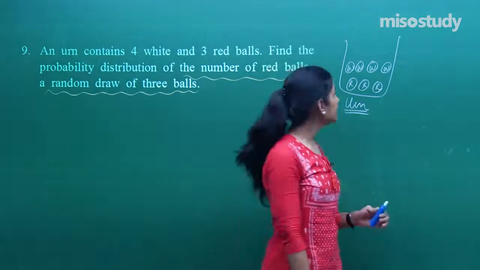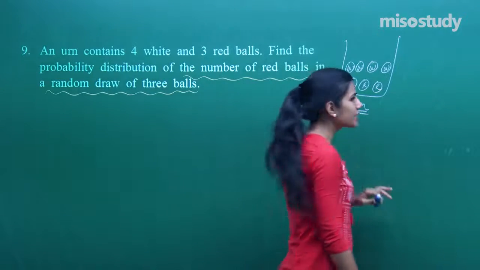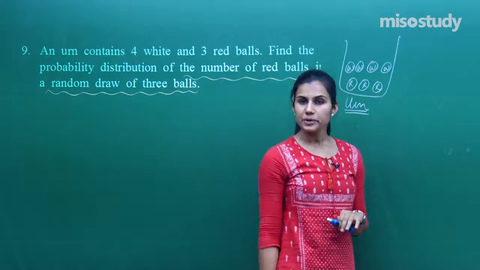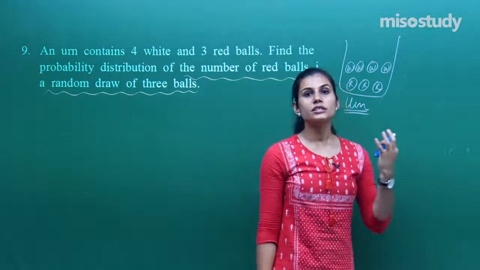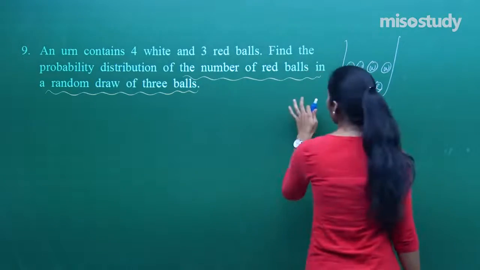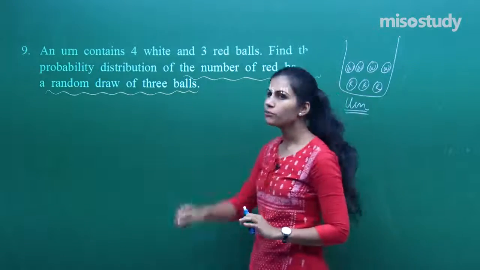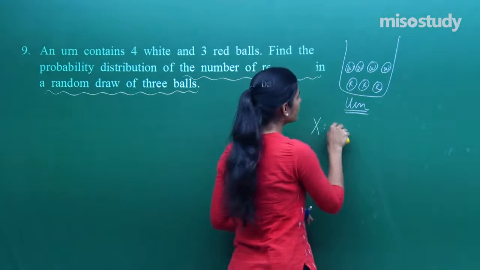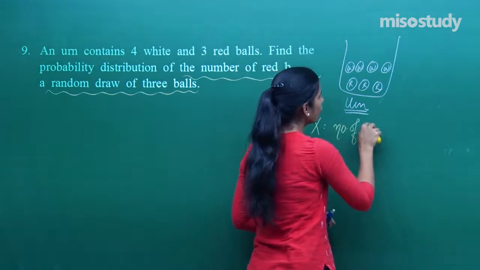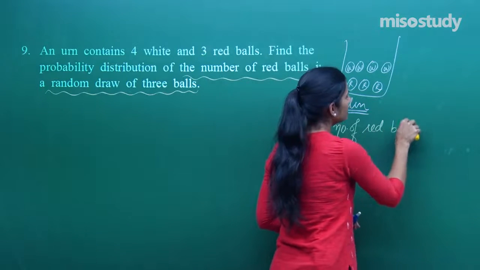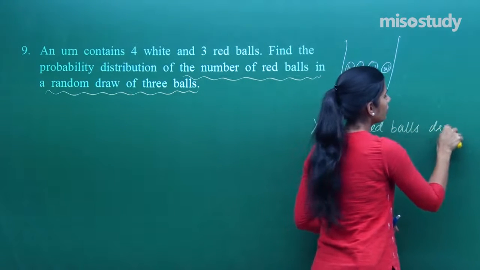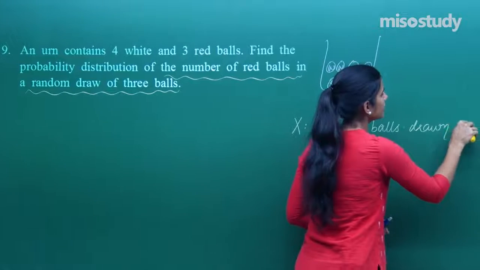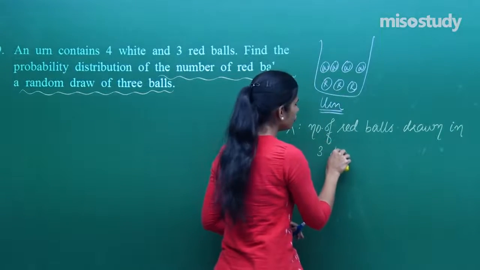I have to find the probability distribution of capital X, where capital X is my random variable representing the number of red balls drawn in the random draw of 3 balls.